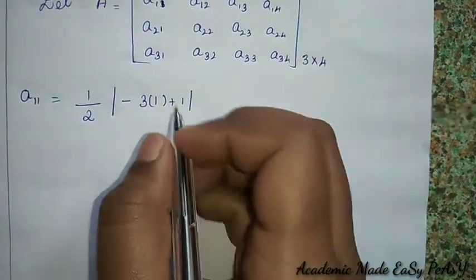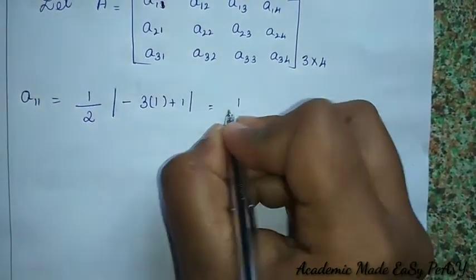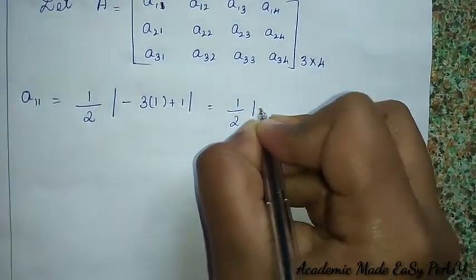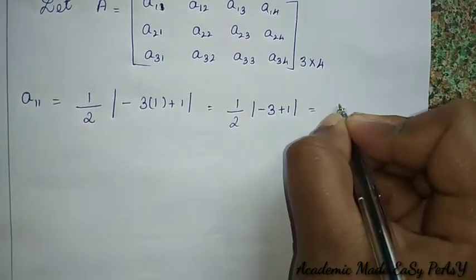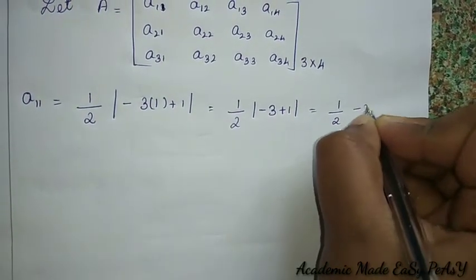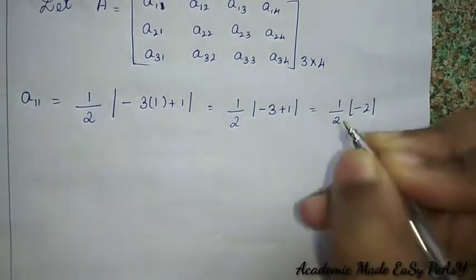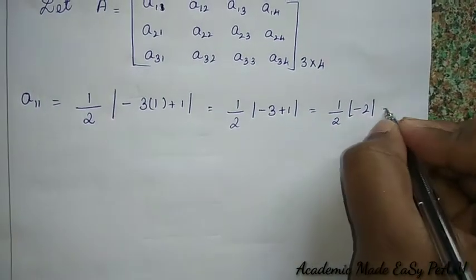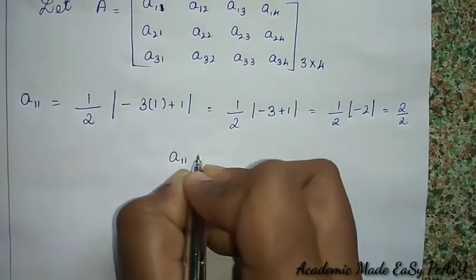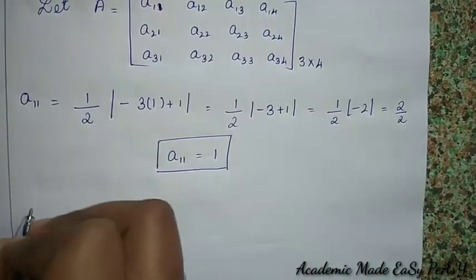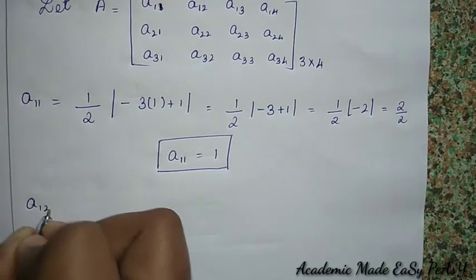Minus 3 plus 1, so I will have 1 by 2 mod of minus 3 plus 1, which is 1 by 2 mod of minus 2. When it comes out of the mod, it will be 2 by 2. So therefore A11 is equal to 1. So I will move on to A12.